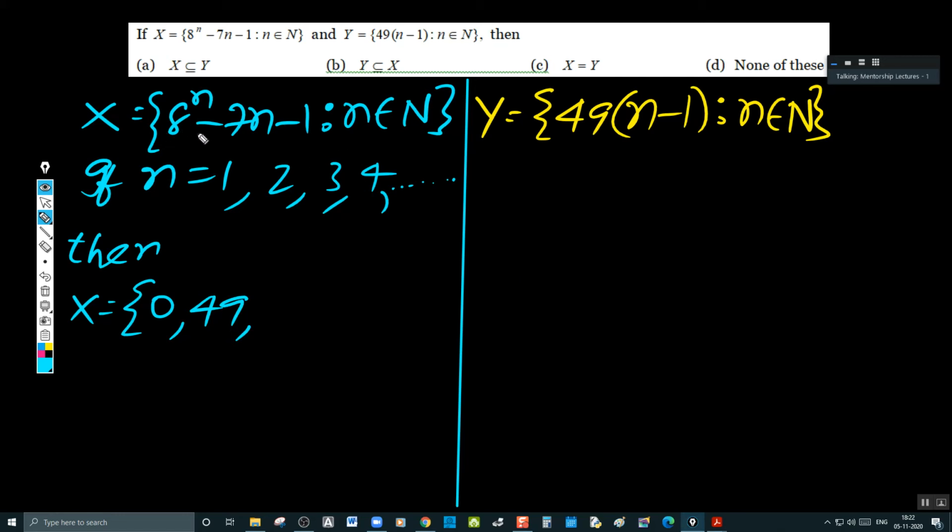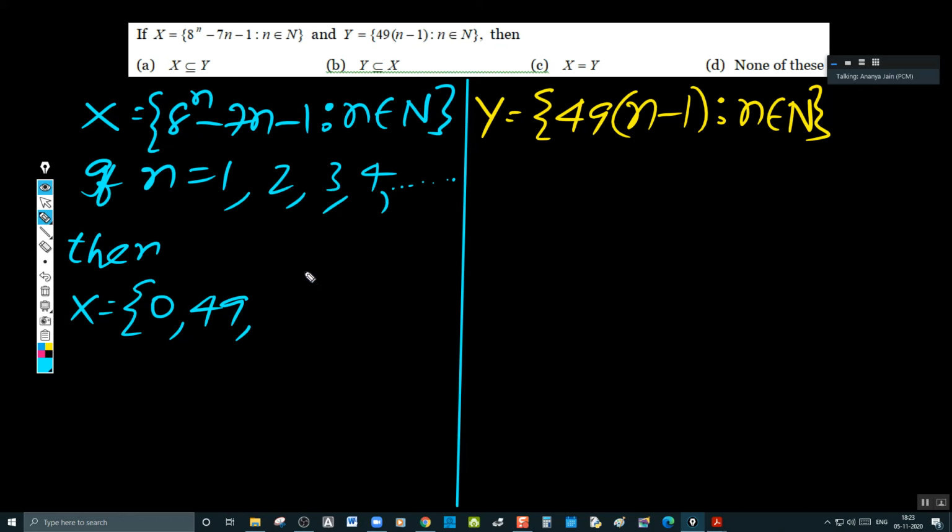Third one: 8 cube, 64 into 3, 192 minus 21 is 171, 171 minus 1. How much is it, please? Anyone? Sir, 8 cube is 512.